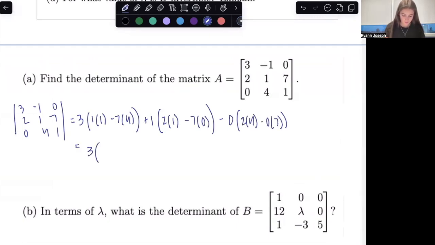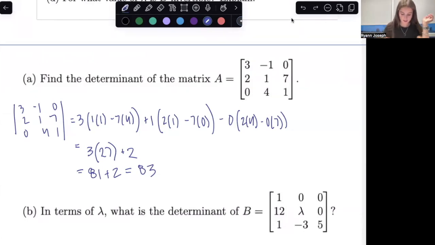So 3, 1 minus 28 is 27, plus 2. This 27 times 3 is 81. Yes. Plus 2, 83. I feel like this is not 83. Give me 1 second.